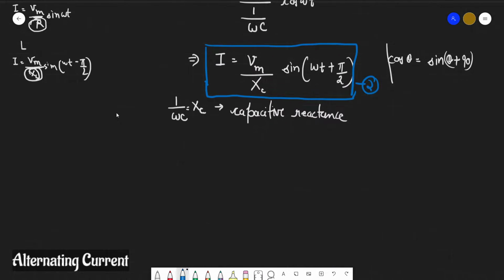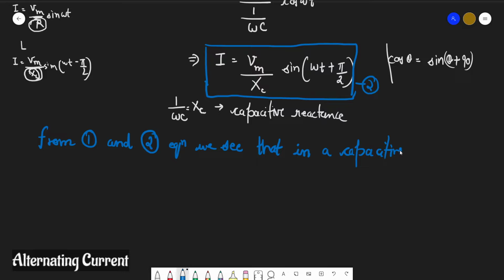From equations 1 and 2, we see that in a capacitive circuit, the current leads.